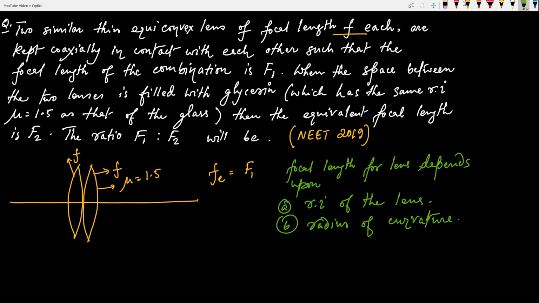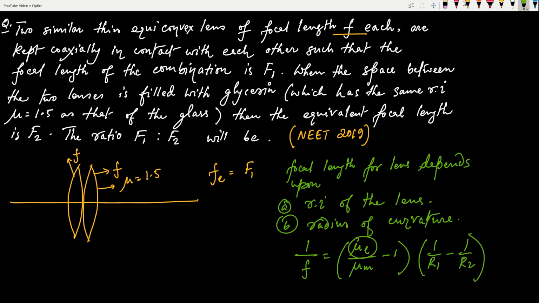And we have seen this in the lens maker's formula, that is 1 by f is equal to refractive index of lens divided by refractive index of the medium in which the lens is kept, minus 1, multiplied by 1 by r1 minus 1 by r2. So if we change the refractive index or r, what will happen? The focal length will change. So these two parameters are very, very important. So you need to remember this concept.